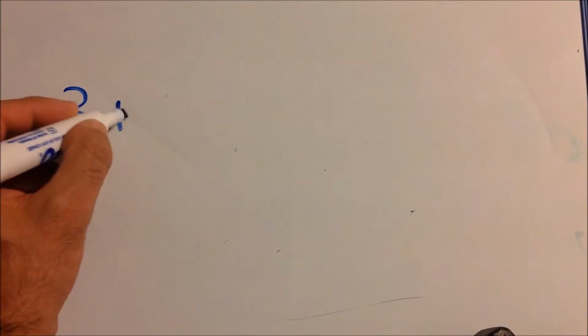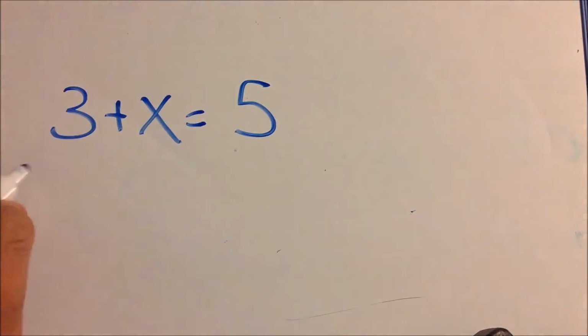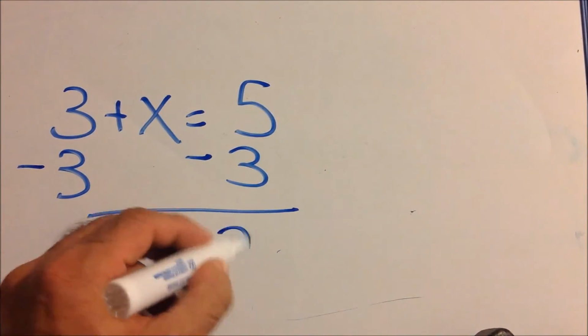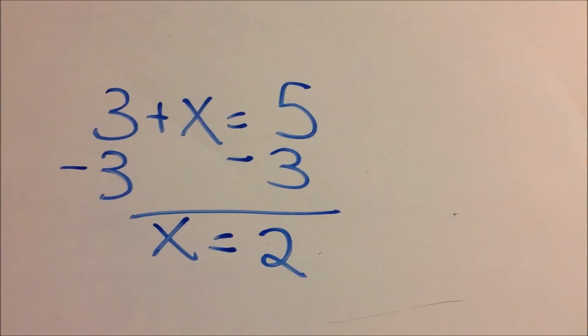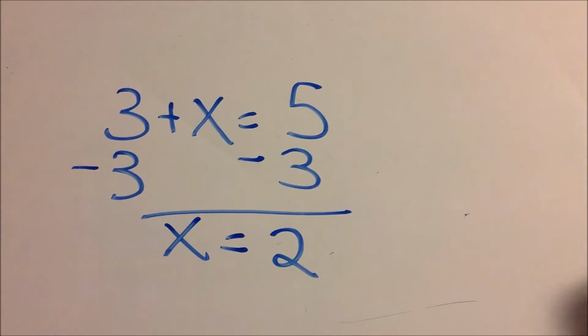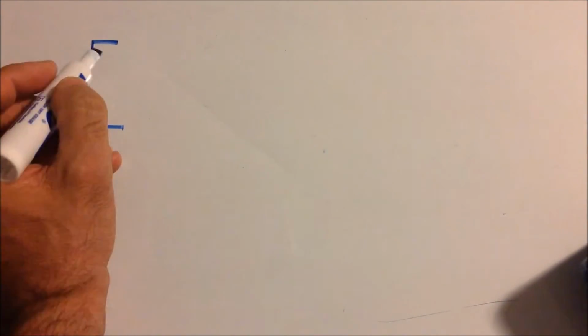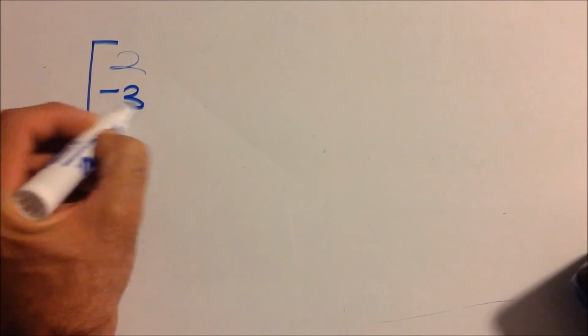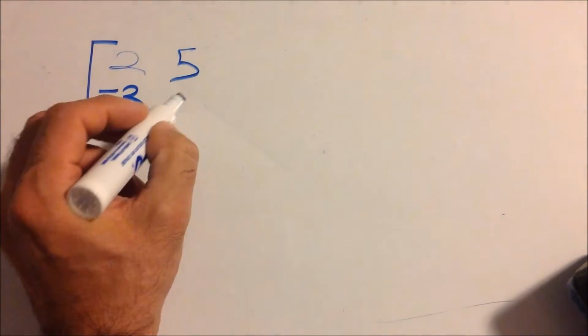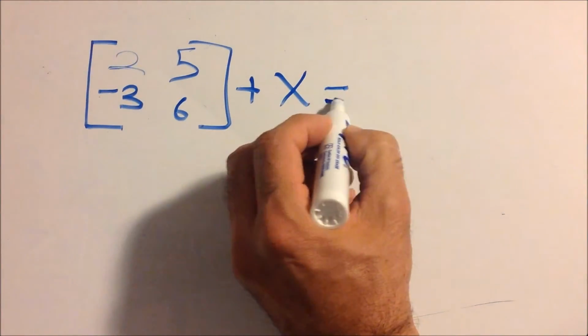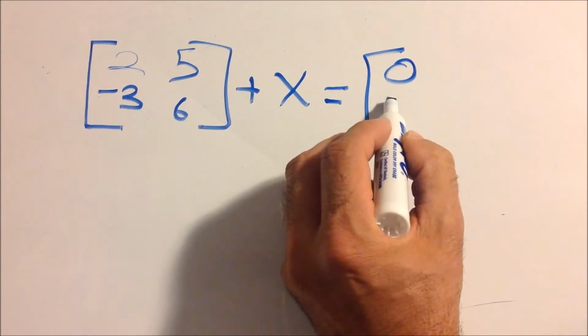So when we think of linear equations, let's say we had 3 plus x equals 5. We know we can subtract 3 on both sides to get the x alone, and we know x is 2. We're doing the same thing with matrices. So let's do an example here. Let's say I had 2 and negative 3, 5 and 6, plus x, and we want it to equal, well, let's just do this.